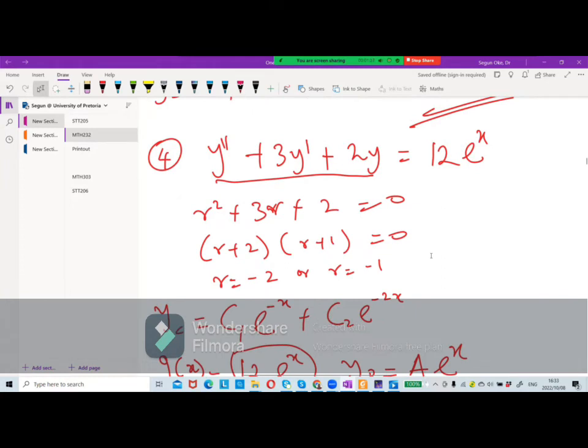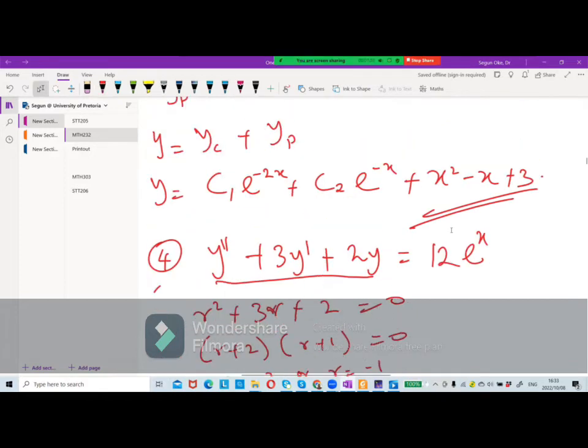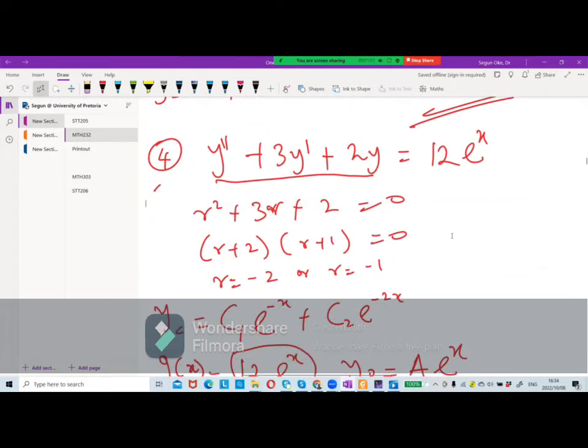So when we have this particular question 4, say y prime prime plus 3y prime plus 2y equals to 12. Like we did the other time, we equate our y prime prime to be r squared plus 3r plus 2 equals to 0.